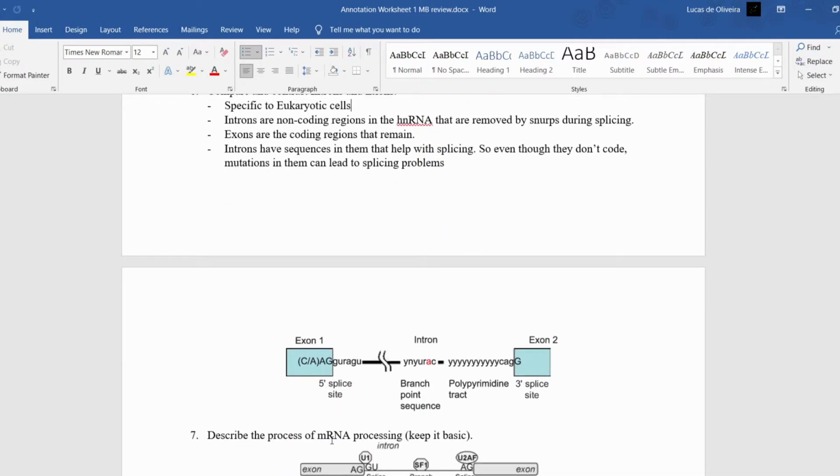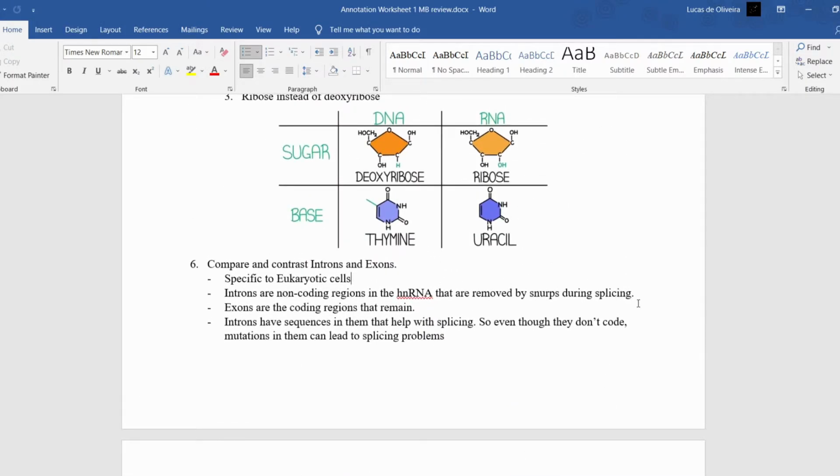When mRNA processing and splicing occurs, it turns into the regular mRNA transcript. Introns are spliced out by enzymes called SNRPs, and the exons are the coding regions that stay, that eventually get turned into amino acids. Introns are important because they have sequences inside of them that help with splicing. Like I said before, they are important. And actually mutations in them can lead to splicing problems.